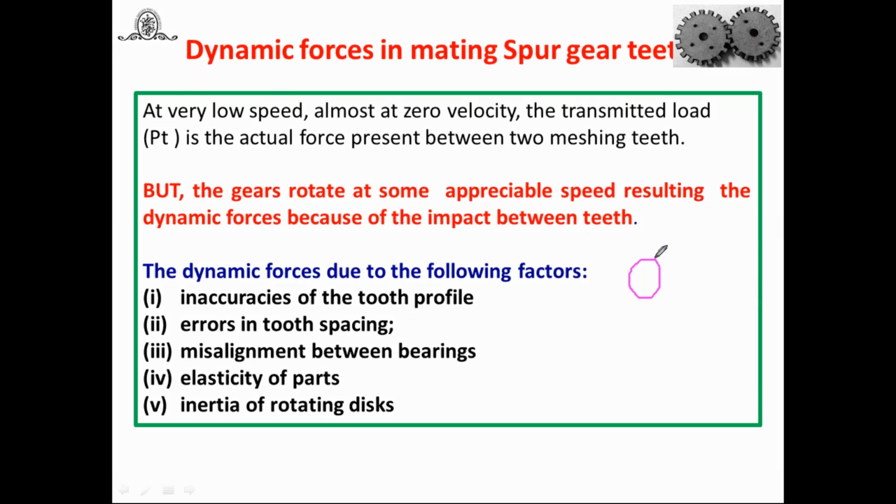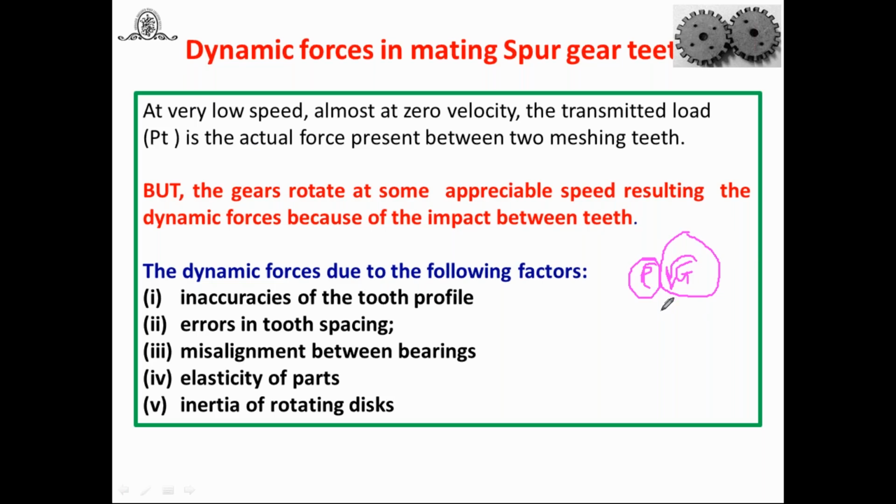Suppose this is a pinion and this is the gear. The small gear is the pinion, the large gear is the gear. They are meshing. Suppose the pinion is the driver and the gear is the driven member. So what is going to happen?